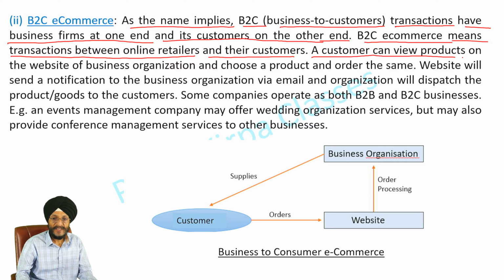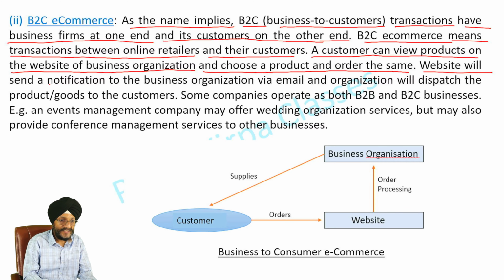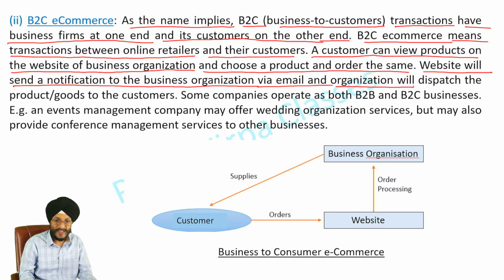A customer can view products on the website of the business organization and choose a product and order the same. Website will send a notification to the business organization via email, and the organization will dispatch the product to the customers.